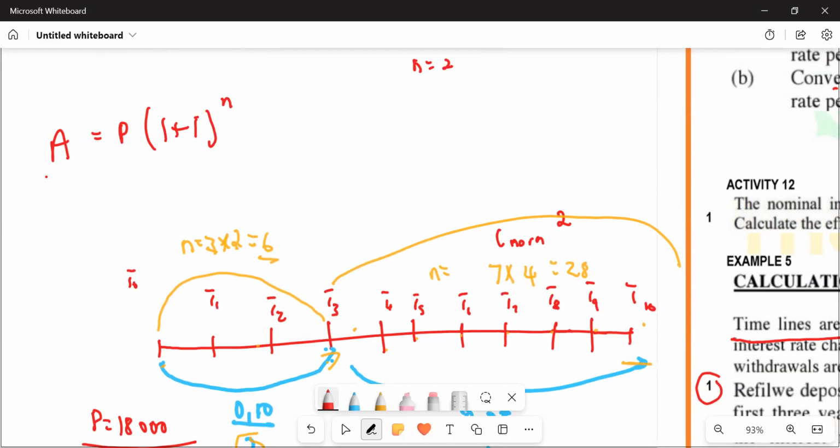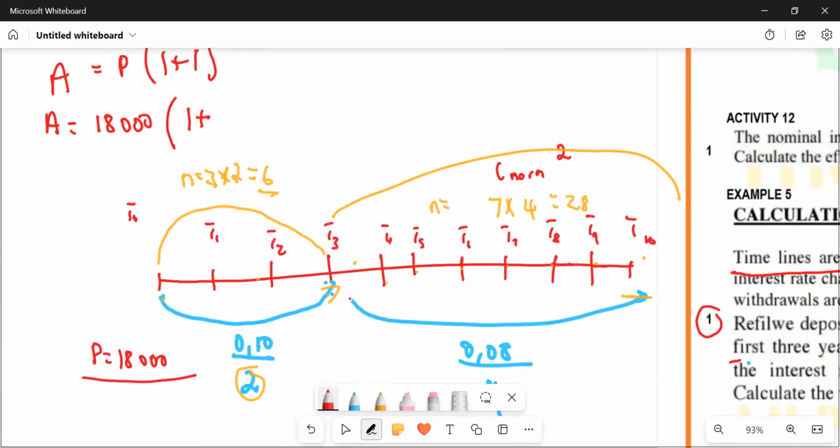A is going to be equal to, what is the principal amount that was given here? This is going to be 18,000 multiplied by 1 plus, first, we use the first interest. What is the first interest? It's 0.10 divided by 2, to the power of 6.